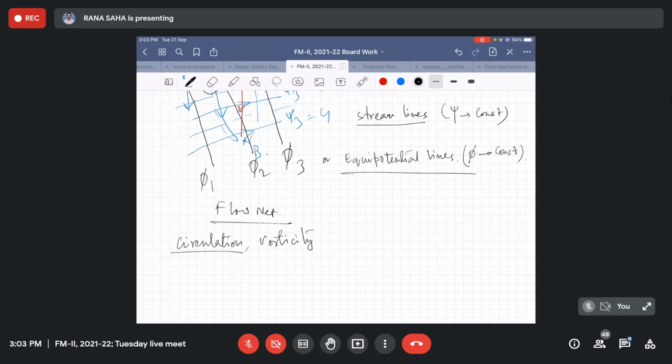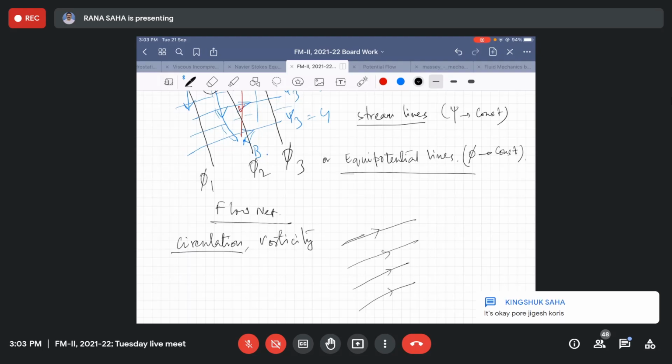So say you are having this as a flow field, and these are the streamlines. If you want to find out circulation, you need to have a closed contour or a closed loop. Let me draw it in this way, something like this.